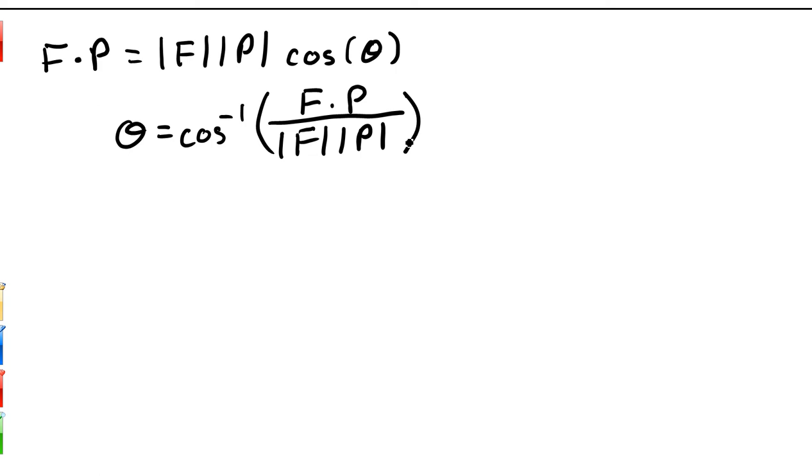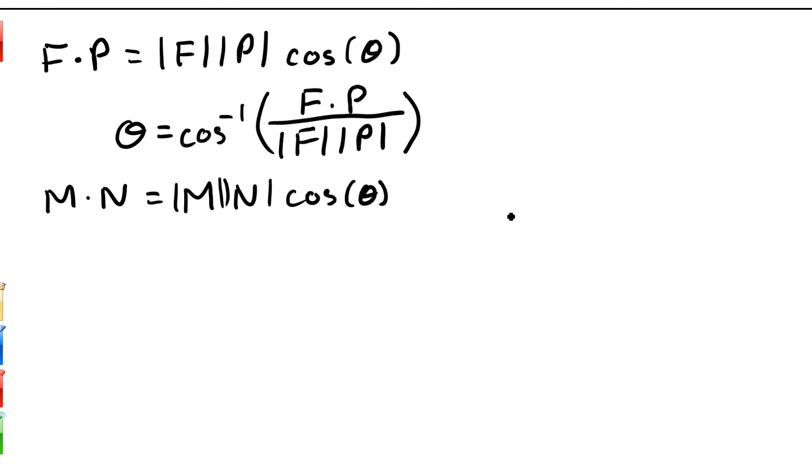So for the dot product between two vectors, let's look at the dot product definition again. Let's just do it generically at first. You have M dotted with N, which is the same thing as the magnitude of M times the magnitude of N times the cosine of the angle in between them.